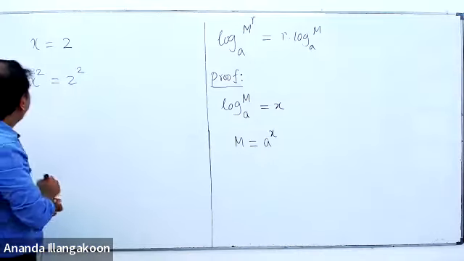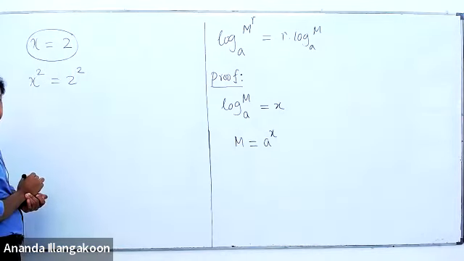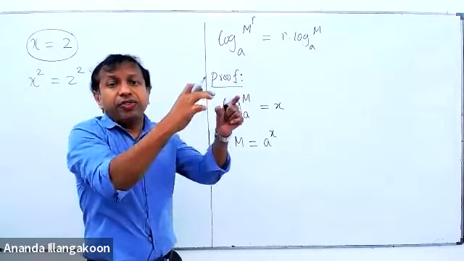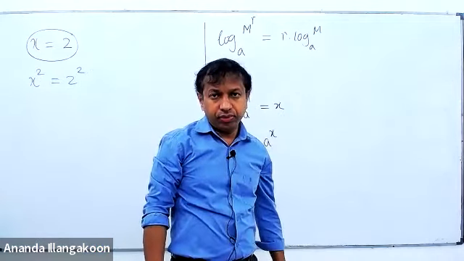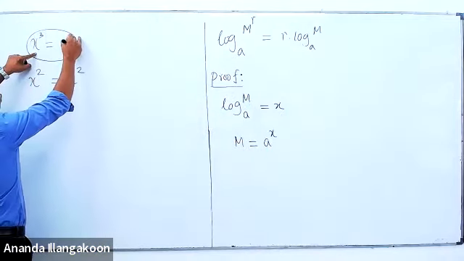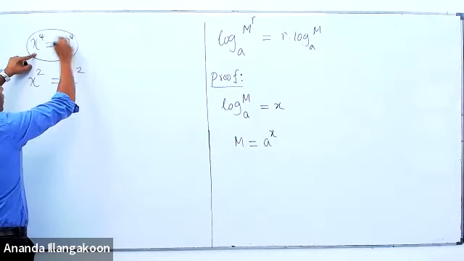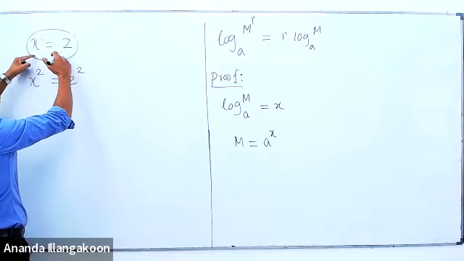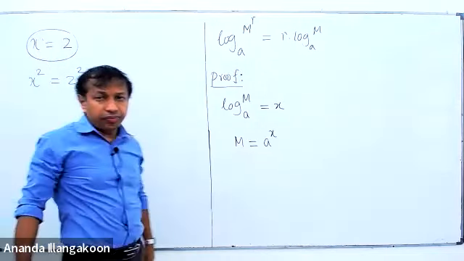When we have two numbers equal, then any power on the left and right again becomes equal. If x is equal to 2, then x cubed is equal to 2 cubed, and x to the power 4 is equal to 2 to the power 4. Like that, when two numbers are equal, the same power on the left and right again gives equal results.